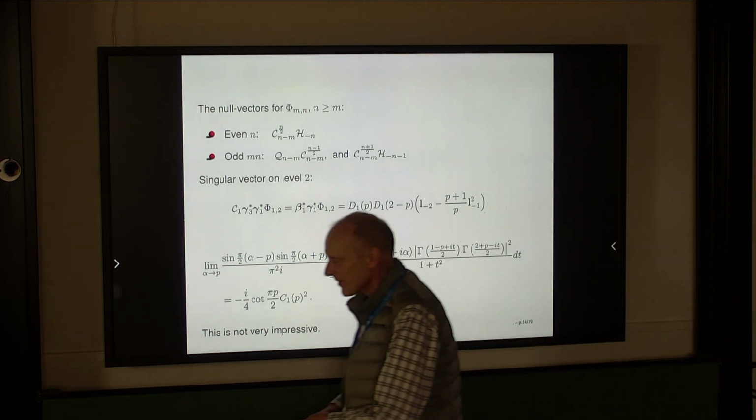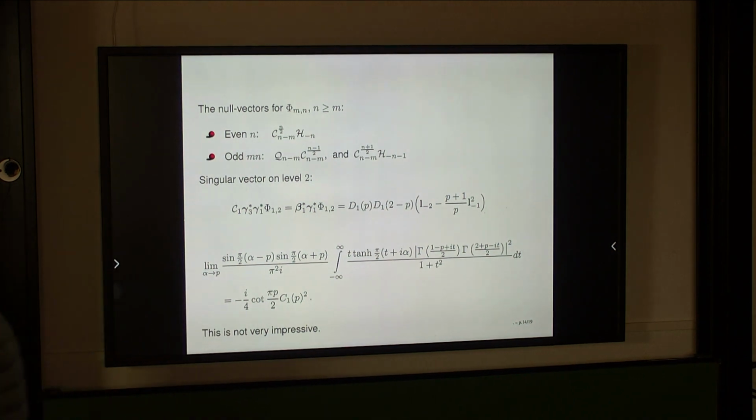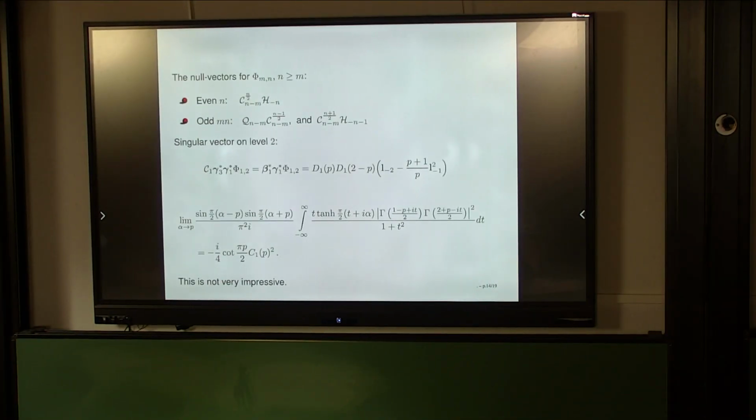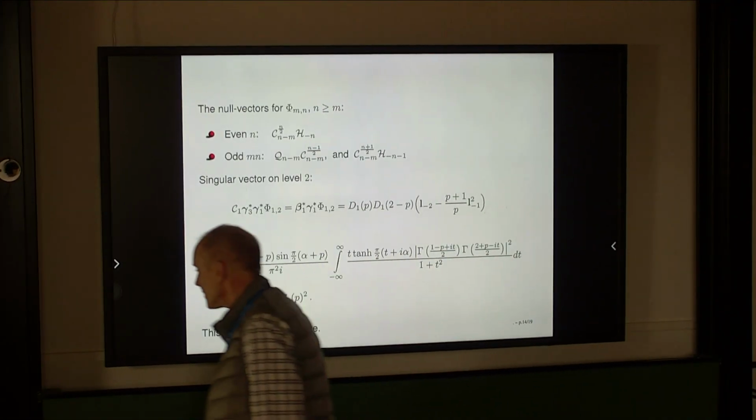But now there is an interesting thing: you have one more singular vector, for which you need only the fermions beta 1 star, gamma 1 star, namely the first descendant of the integral of motion.